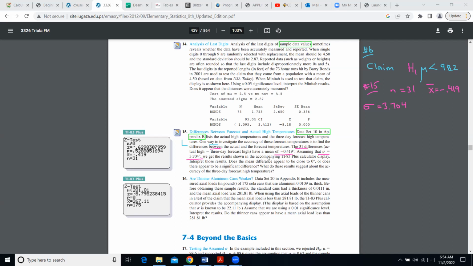And the question is, does this appear to be close or not? What does that mean? Well, we're trying to see if the claim is accurate or not. So the claim is that the mean is equal to 0 or not? Why 0?